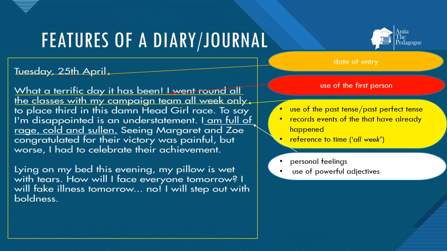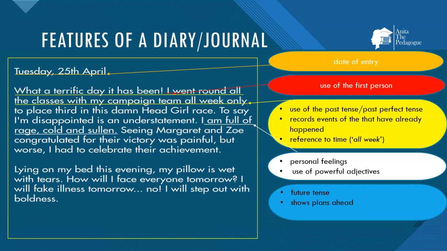It is advised that you use powerful adjectives because this is a GCSE, and so you are expected to use a standard and an advanced use of the English language. So instead of saying I am sad and unhappy, you would have to use some powerful adjectives that can paint a picture of your real personal feelings, like rage, cold, sullen. These words speak more about the personal feelings of the writer.